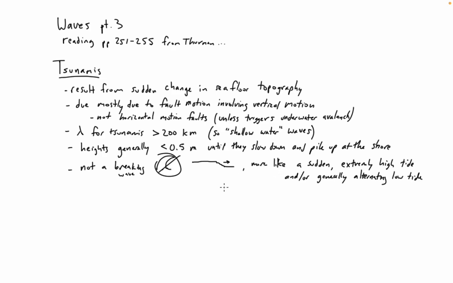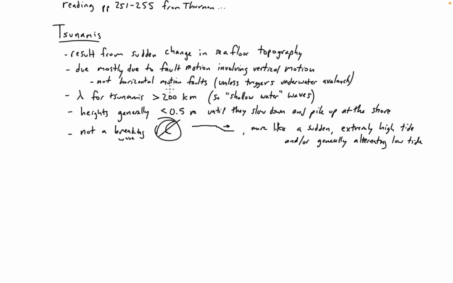And that's why these have been misnamed tidal waves, because they have an effect like a tide, but they don't have anything to do with the tides. So it's not really a great name, the tides being more controlled by the gravity of the sun and the moon. The reading has some interesting case examples of famous tsunamis that occurred in different places.